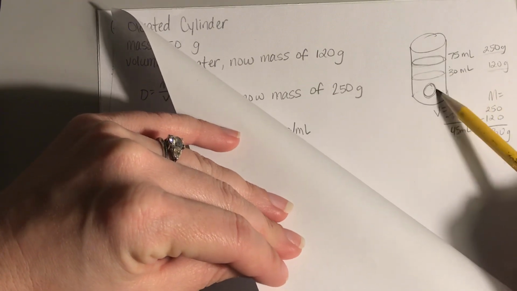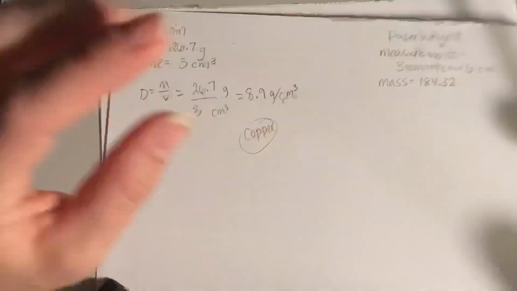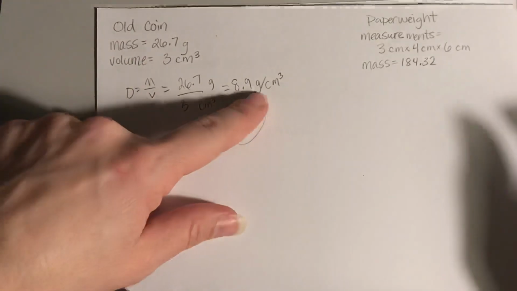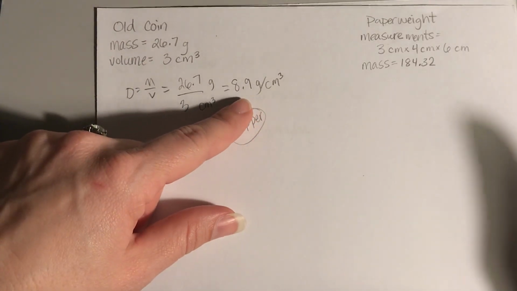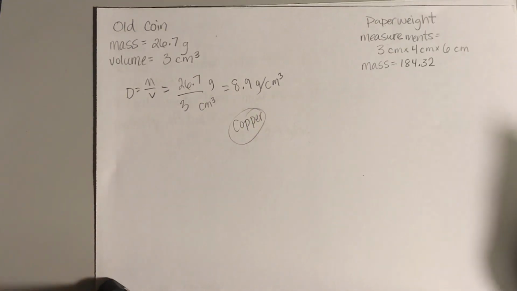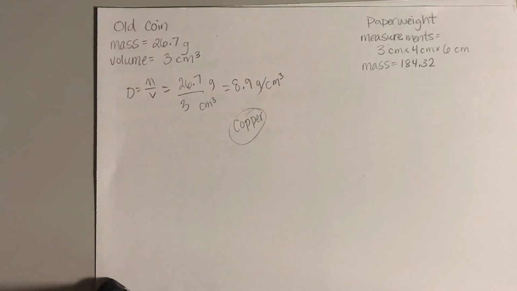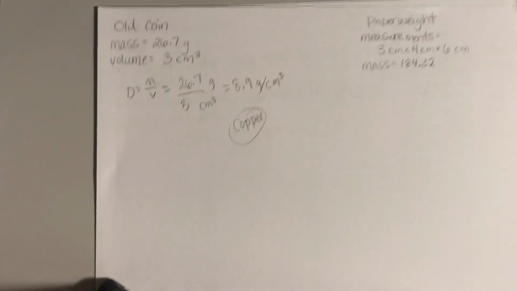If they put the old coin in and the water went up 3, maybe they were estimating, all right, it's about 3. So that could be why it's 8.9 instead of 8.92. But there are no others on the chart that were around that. So if you were to see a question like this on your EOC, it would make the most sense that it would be copper. It's closest to that.